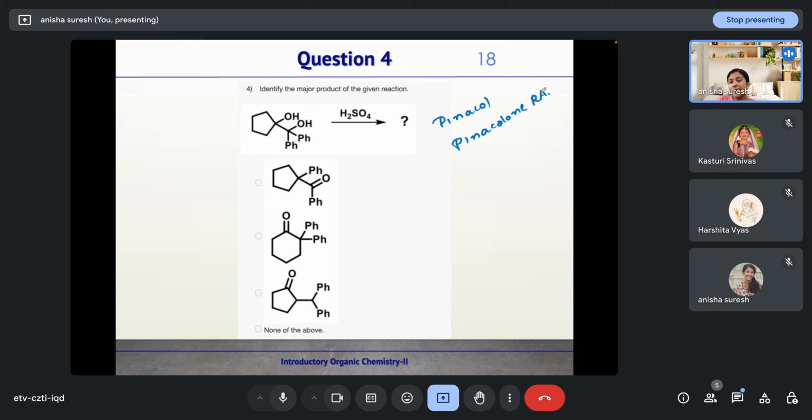So what is the major product that is formed here? Option A is a chance, but we have to take into consideration the migratory aptitude. So considering that migratory aptitude, option B will be the right answer.